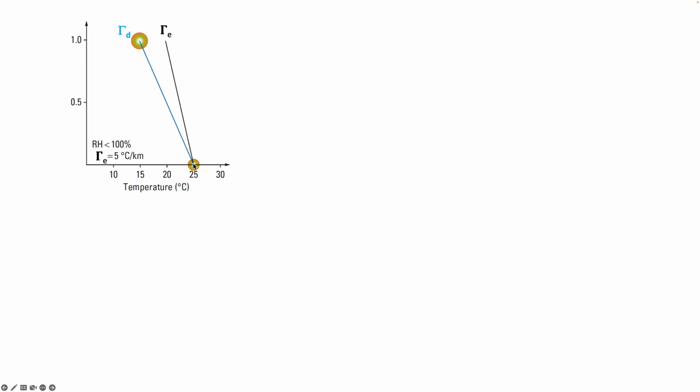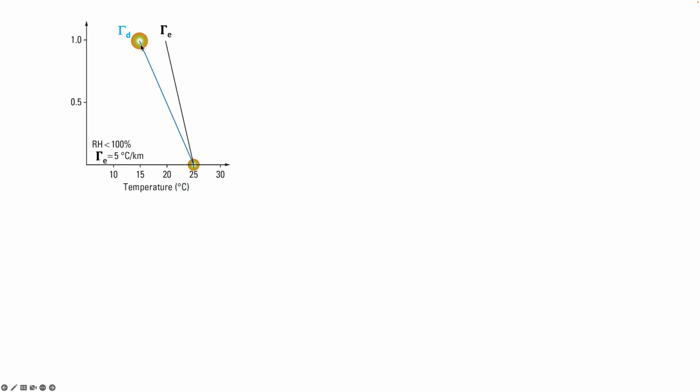So now what we see is that when we lift our parcel along a dry adiabat, so we assume it's dry, it's cooling again from 25 degrees Celsius at the surface, 10 degrees to 15 degrees Celsius at 1 kilometer. Then what we see now is that the parcel, which has a temperature of 15 degrees Celsius at 1 kilometer, ends up being colder than the environment, which cooled only 5 degrees from 25 to 20.